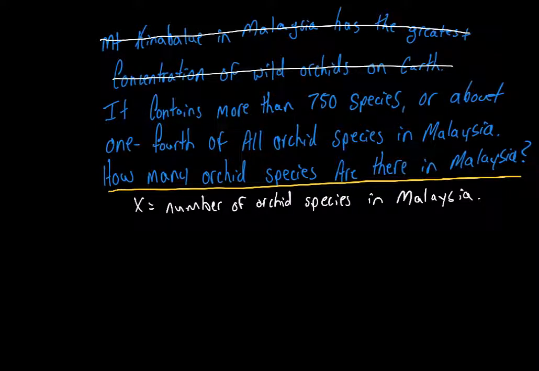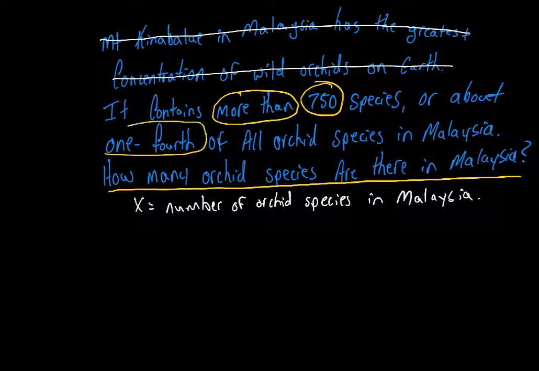The next sentence is where the juice starts to come. It contains more than, that's important, 750 species, or about 1/4 of all orchid species in Malaysia. So there's my problem. That's what I have.